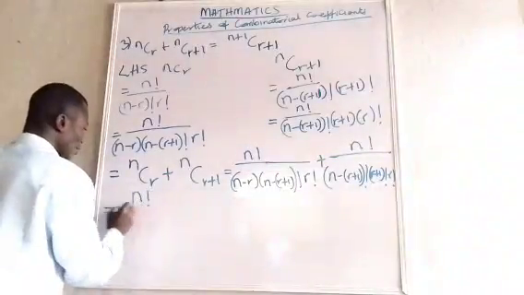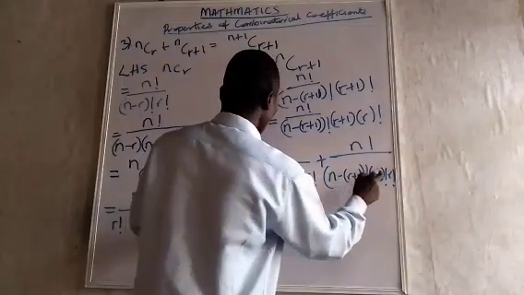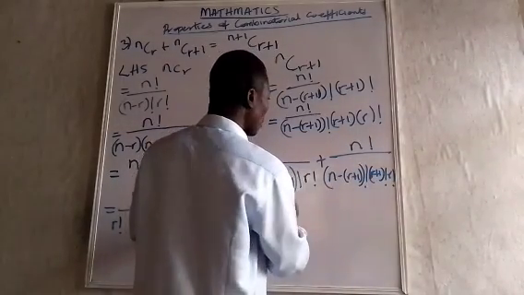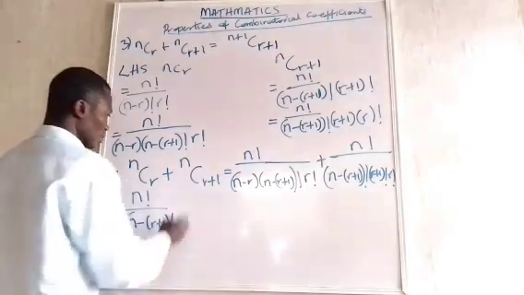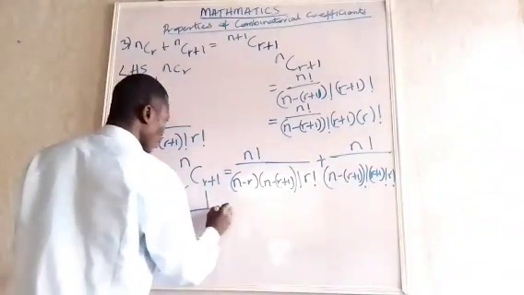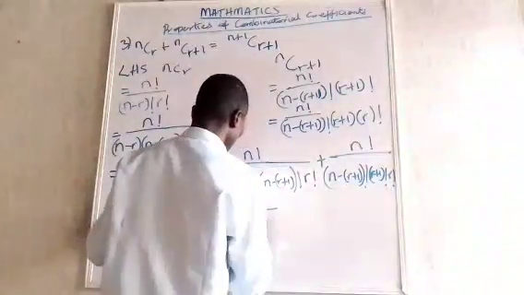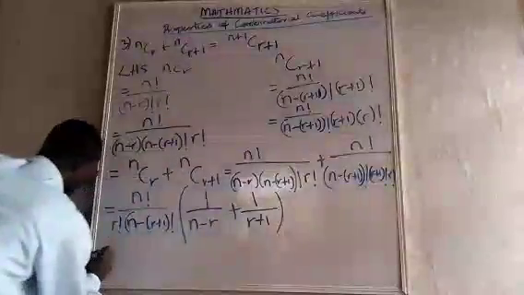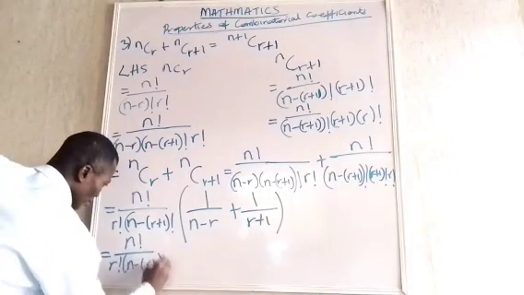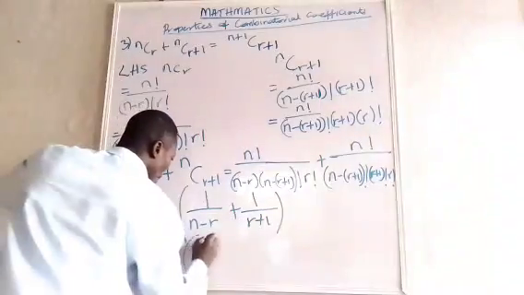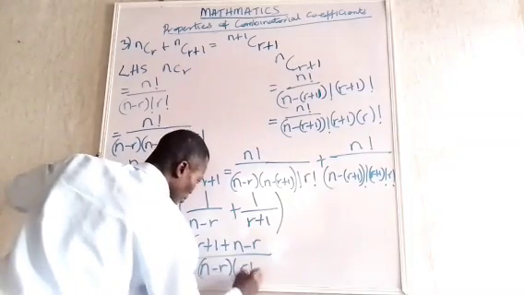I'm going to have n factorial over r factorial into (n minus r minus 1) factorial, times [(r plus 1) plus (n minus r)] over (n minus r) into (r plus 1).